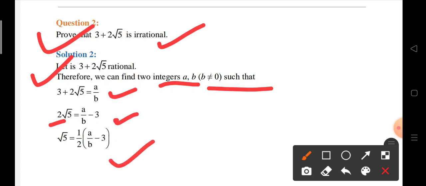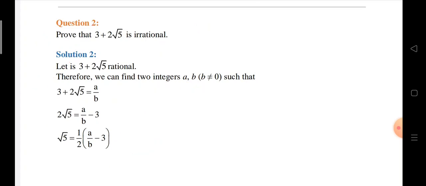Now you get root 5 is equal to 1 upon 2 bracket a upon b minus 3 bracket close. Now you know that a upon b is a rational number where a and b are integers, and minus 3 is also a rational number. So 1 upon 2 bracket a upon b minus 3 is entirely a rational number.